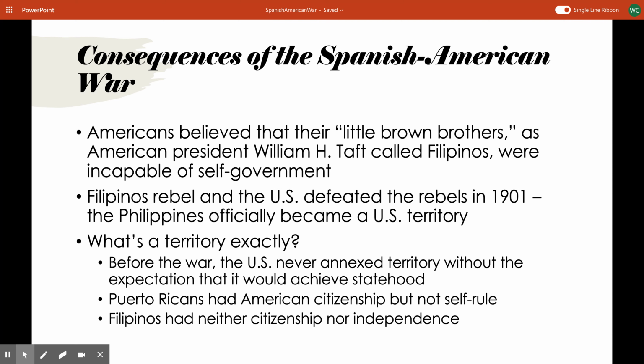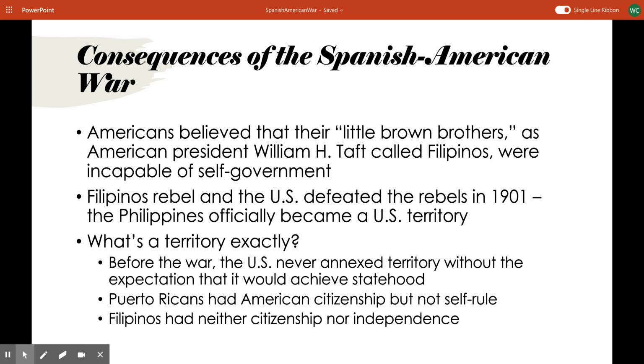U.S. politicians like future American President William H. Taft believed that their quote-unquote little brown brothers, the Filipinos, were incapable of self-government. And the Filipinos quickly realized that they had really just traded one imperial power for another. And so they turned their rebellion against the United States.